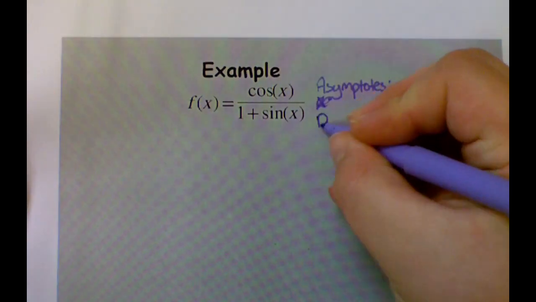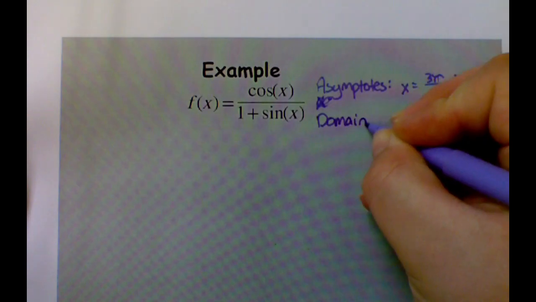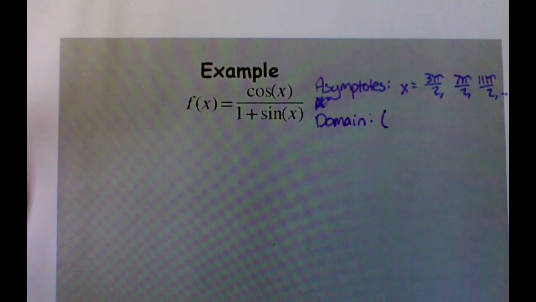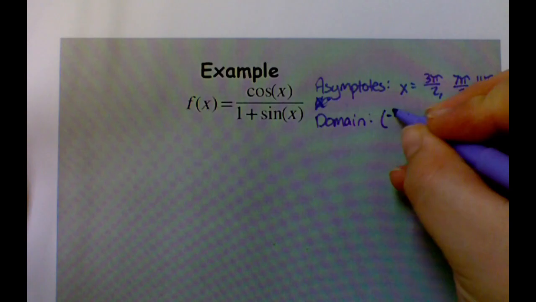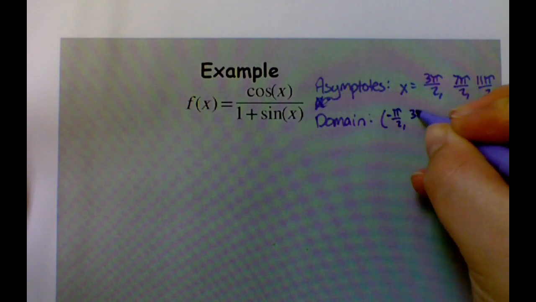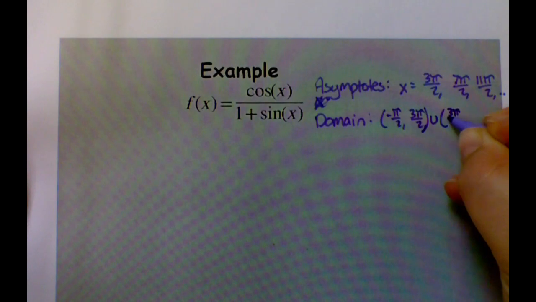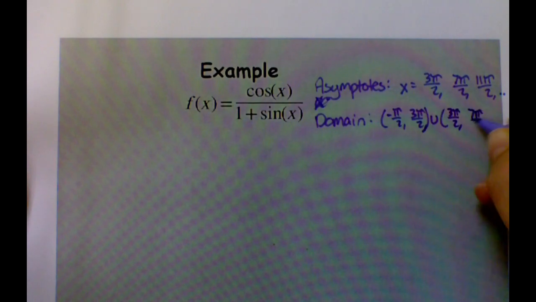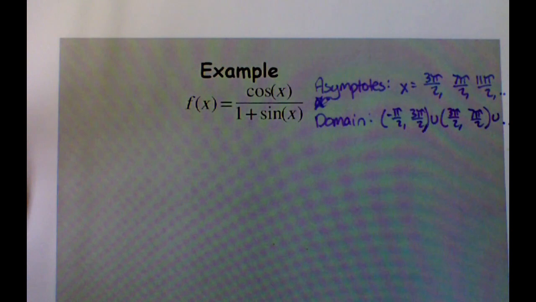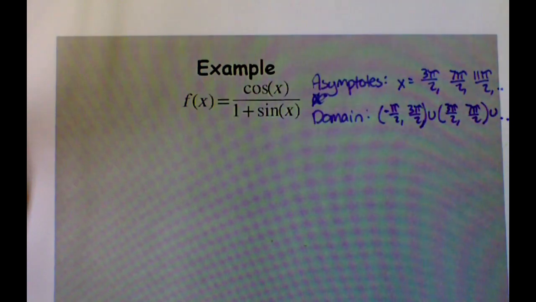Which means my domain is negative pi over 2 to 3 pi over 2, or 3 pi over 2 to 7 pi over 2, or 7 pi over 2 to 11 pi over 2, on and on and on and on and on. Horizontal asymptotes, I actually don't have any.